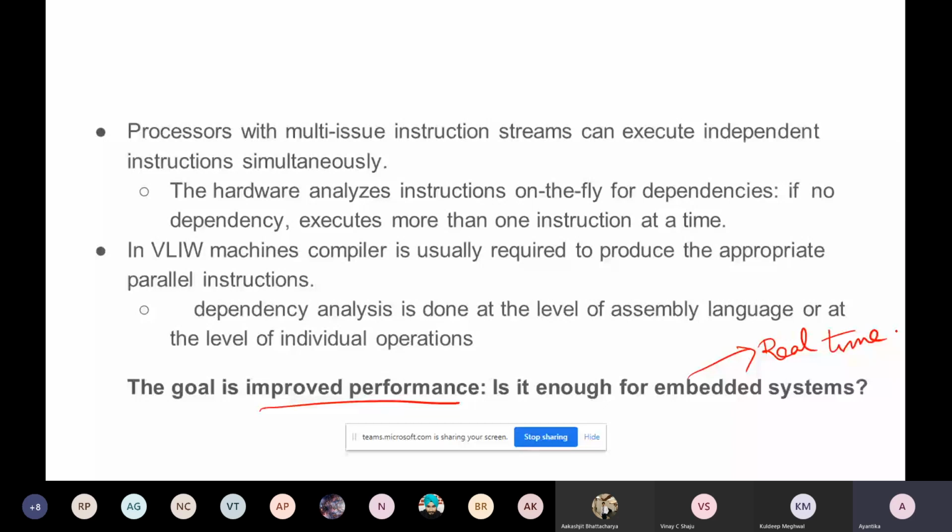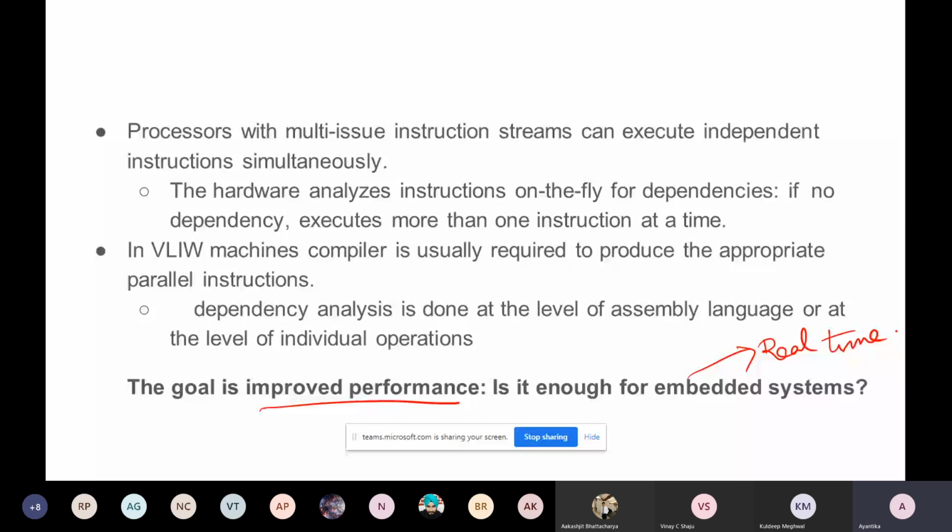This is not the case of general purpose computing, because there, if you have huge performance improvement and your program finishes much ahead of time, that is pretty good.